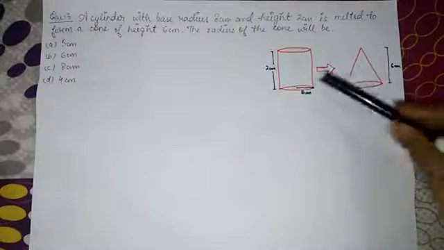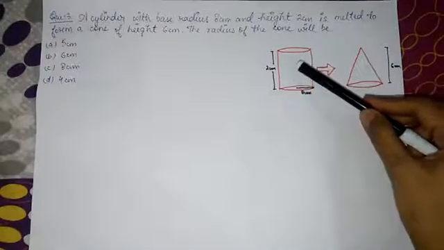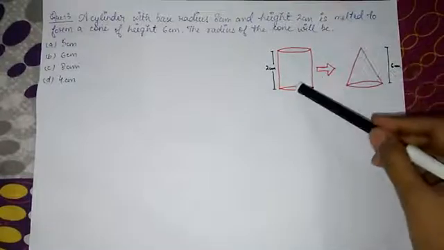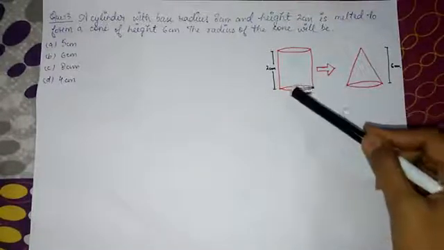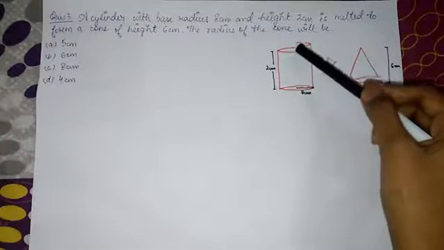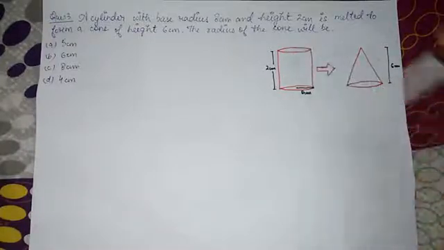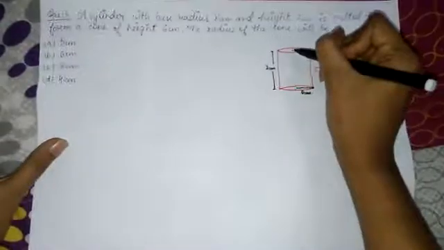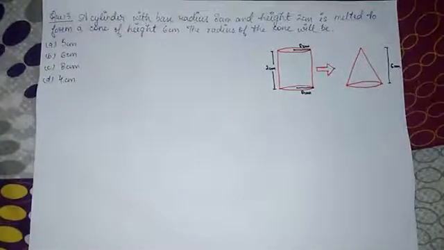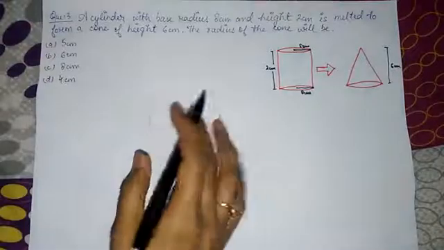So we have melted the cylinder and we have formed a cone out of this. So this radius given here of the base, don't get confused. The radius of the cylinder, top and bottom, are equal. So this is also 8 cm. Okay, let us start the question.